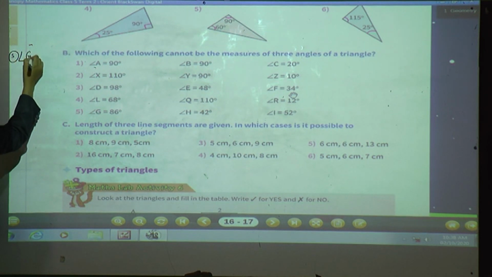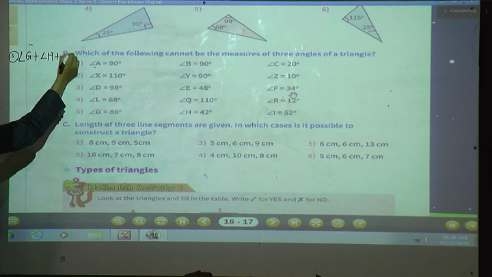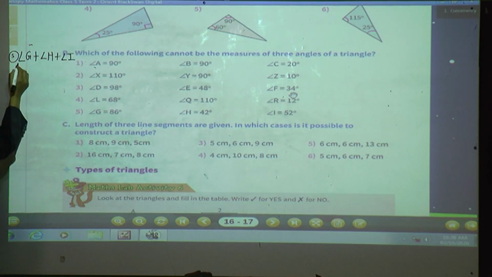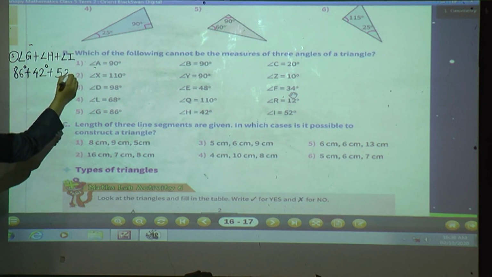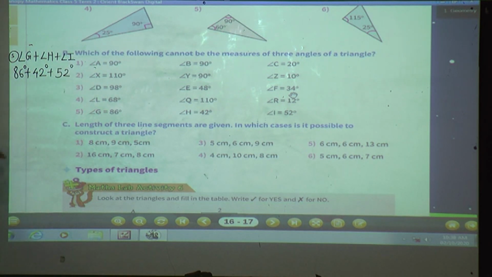Angle G plus angle H plus angle I. So angle G is 86 degree, angle H is equal to 42 degree and angle I is equal to 52 degree. So just add these two numbers first. What is the addition?